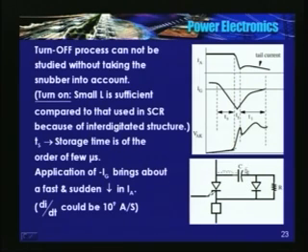Now, the voltage across the GTO is determined by the dV by dt. Now, what is this tail current? At that period IK is equal to 0, cathode current is 0, and the gate current is same as the anode current.